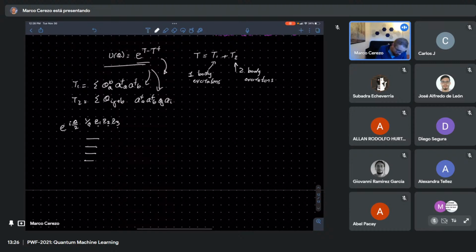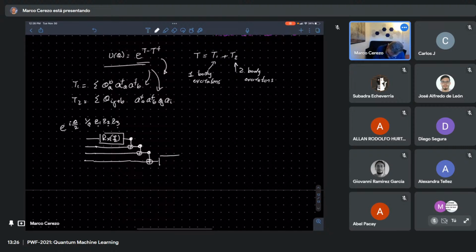1, 2, 3, 4. We can actually implement this with a rotation around x by pi over 2, just like this. And then we're going to get, and this is something that appears a lot in quantum chemistry, CNOT ladders, which sort of look like this. I might be doing a very terrible job at drawing CNOTs, but I'm going to try to do my best.